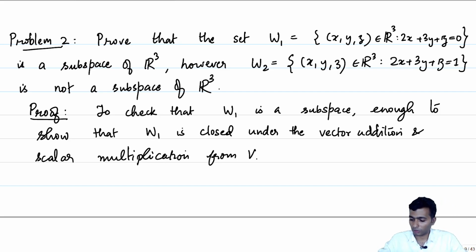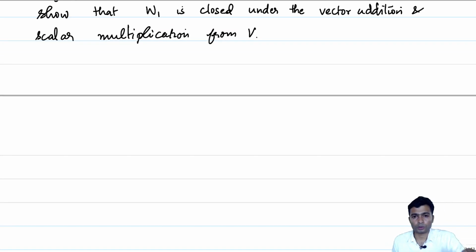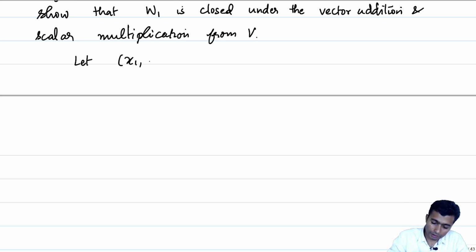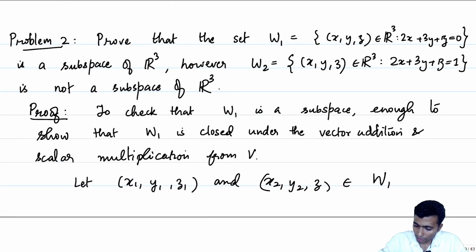So let us take two elements and look at whether the vector addition of those two elements in W1 gives us back an element in W1. So let (x1, y1, z1) and (x2, y2, z2) be two vectors in W1. What does it mean to say that something is in W1? Let me go back and remind you what W1 is.